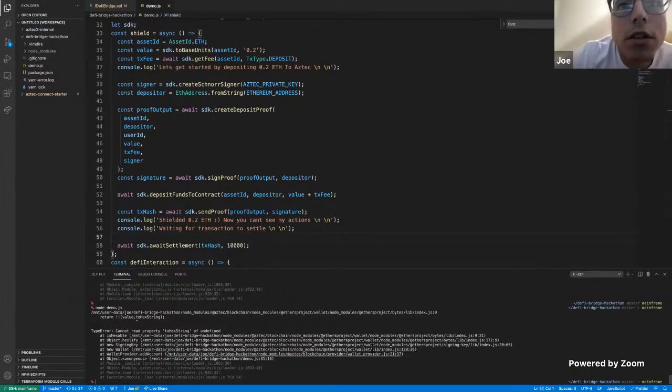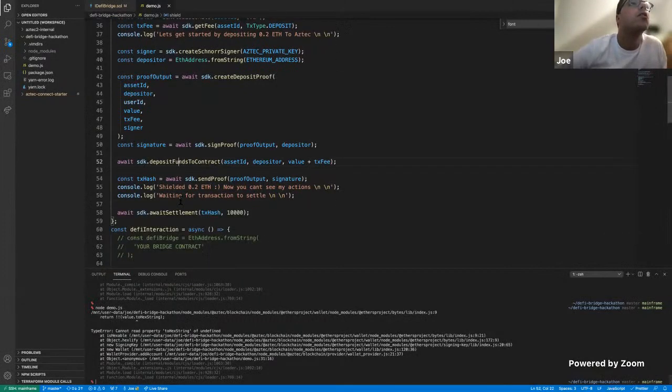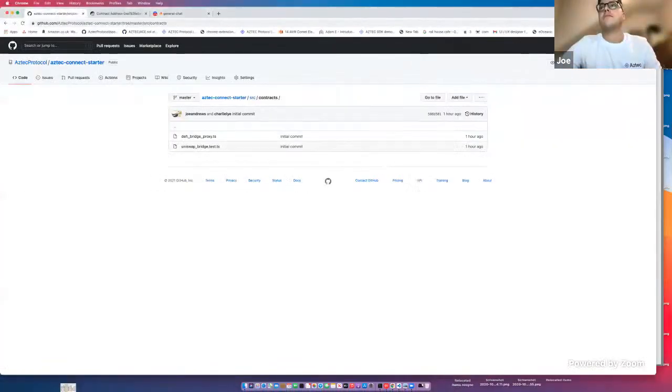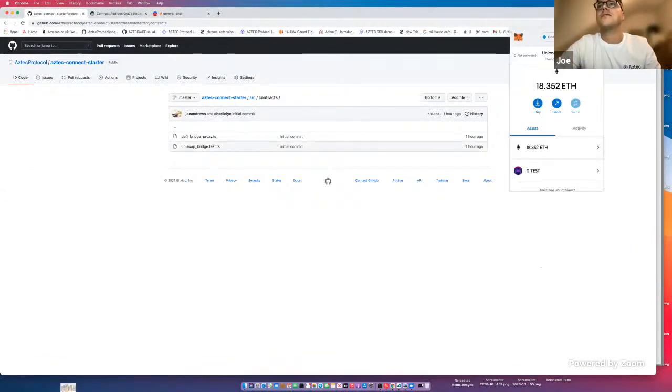Oh, what's going on here? ETH's project wallet. Ah, I know what's wrong. Sorry. Give me 1 second. Forgot to put in my new private key from MetaMask.